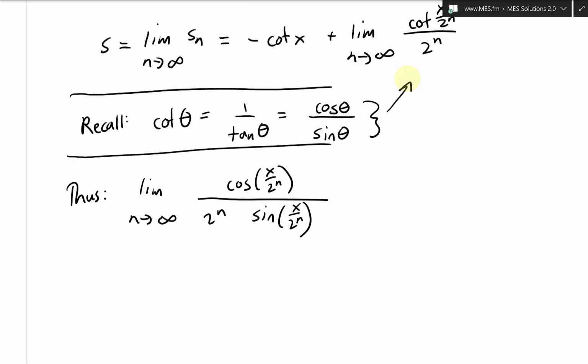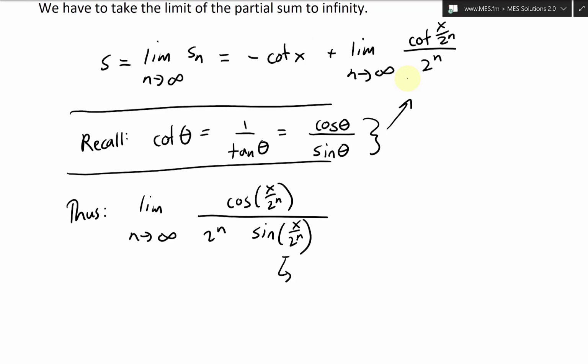Note that x over 2^n approaches x over infinity, which approaches 0. So we get cosine 0 over, 2^n is infinity, times sine of 0. Cosine 0 is 1, and this is approaching infinity, and sine of 0 is 0, so infinity times 0.